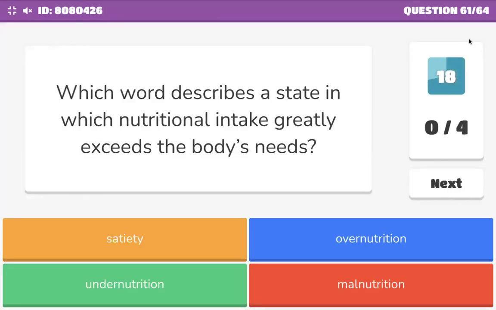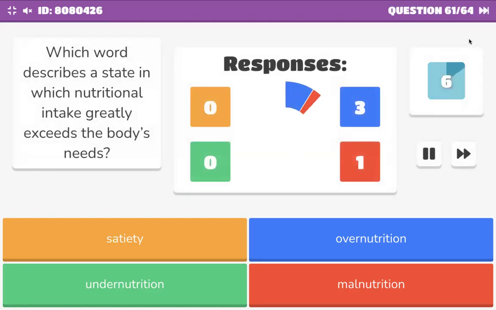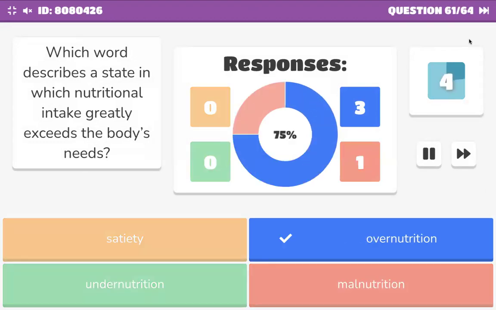Which word describes a state in which nutritional intake greatly exceeds the body's needs? Overnutrition. Three more questions.